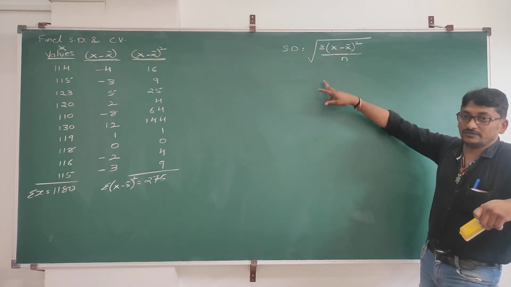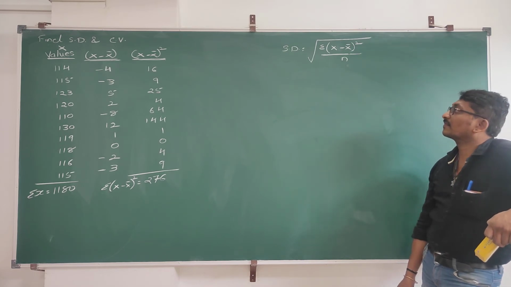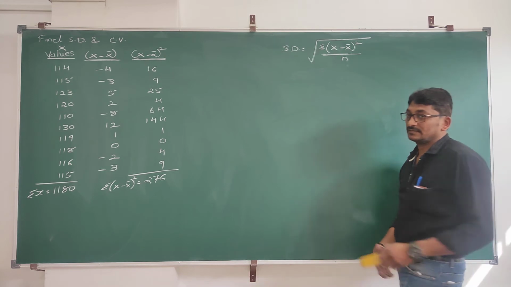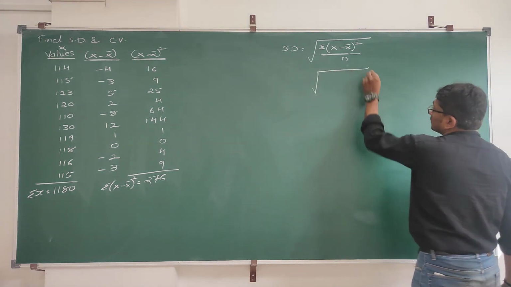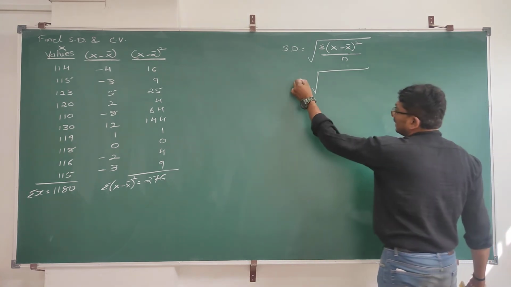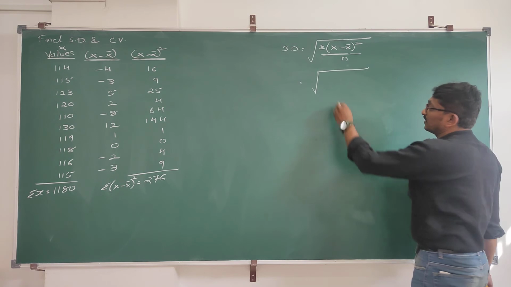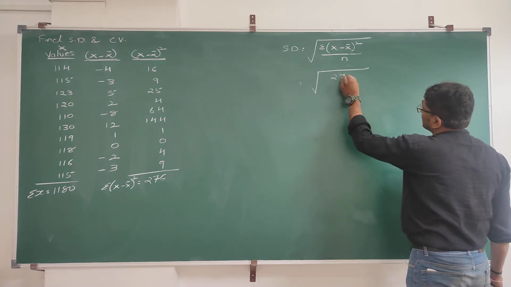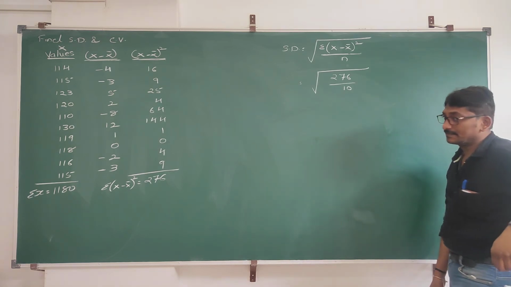Now rewrite the formula of standard deviation once again. Rewrite the formula. Now we will substitute the values. Standard deviation is equal to the root of summation x minus x bar the whole square, which is 276, divided by n, which is 10.